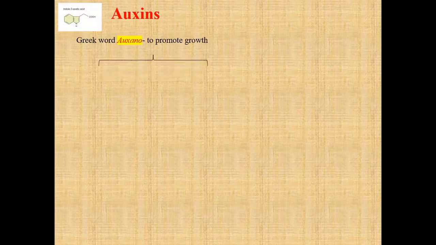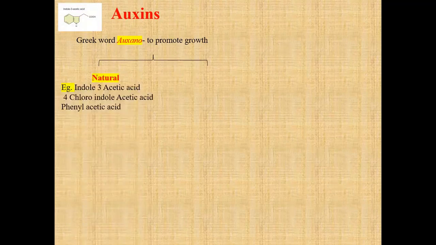So friends, these auxins are available in two forms. The natural one is the endogenous chemical, also known as the native one: indole 3 acetic acid, 4 chloro indole acetic acid, and phenyl acetic acid.